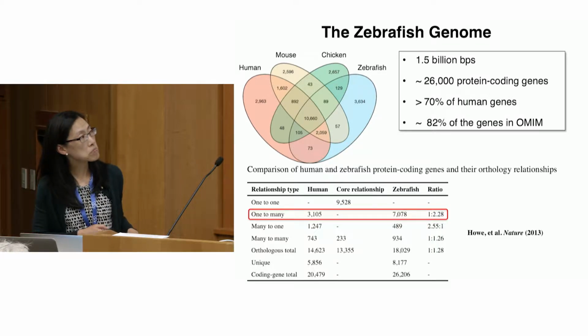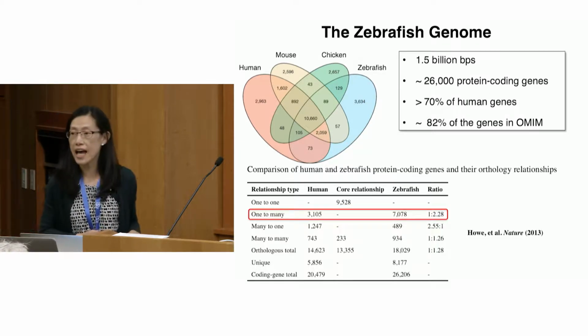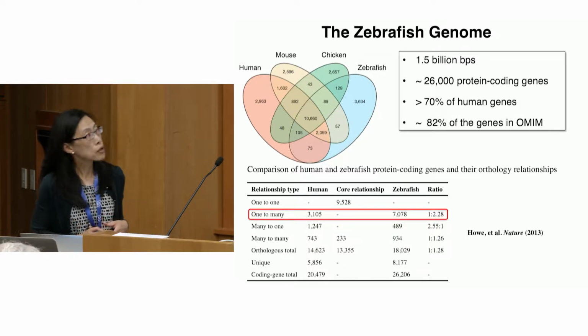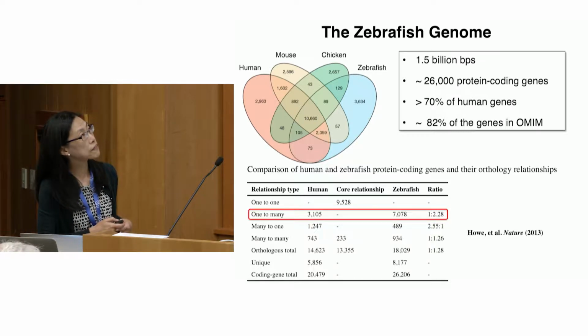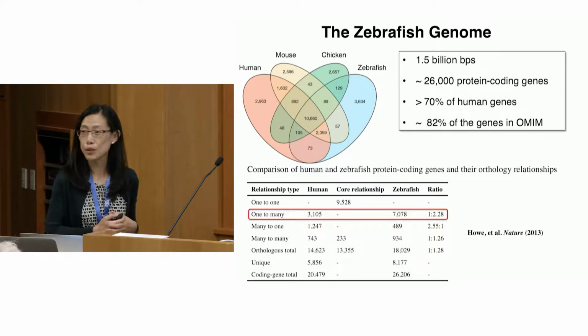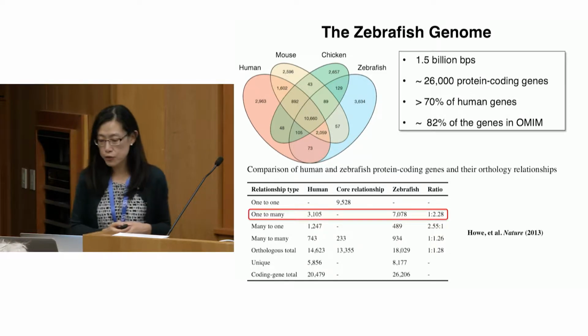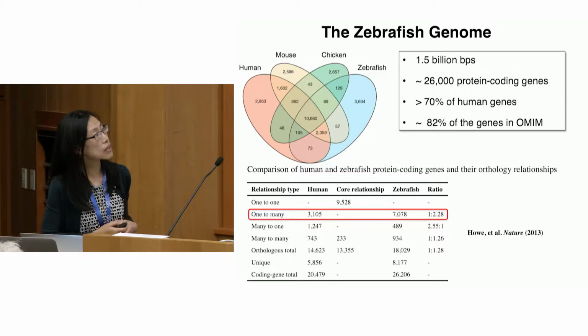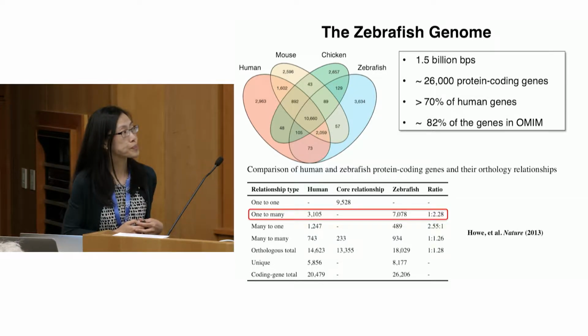So about 3,000 human genes have either 2 or more zebrafish orthologs. But zebrafish also seem to have a very high number of fish-specific proteins. However, if you just look at the genes that are orthologous to human genes, zebrafish has more orthologous genes than the chicken model, but fewer than the mouse model.